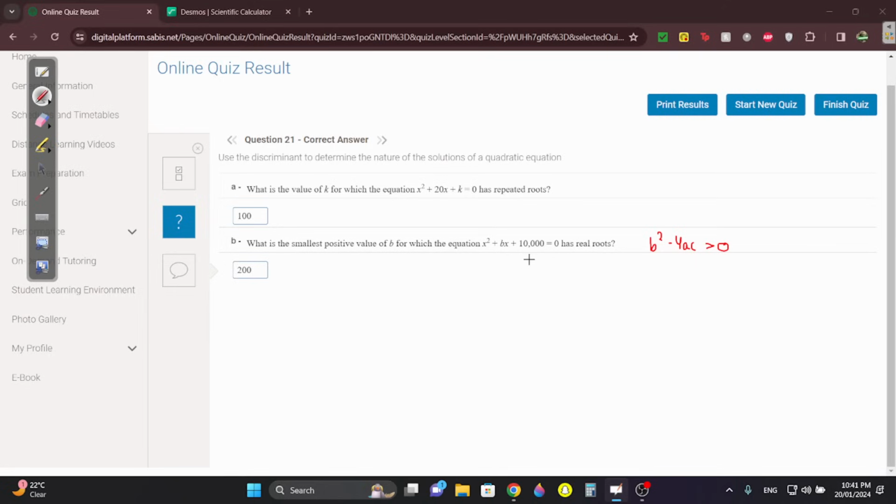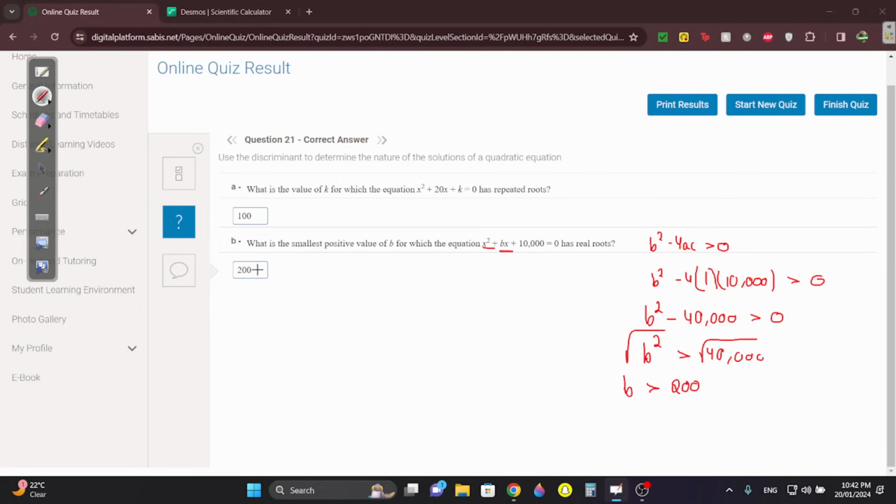Substitute: b squared, which we don't know, so keep it as b squared, minus 4 times a, which is 1, times c, which is 10,000, is greater than 0. So b squared minus 40,000 is greater than 0. Take 40,000 to the other side, you get b squared is greater than 40,000. You square root both sides, you get b is greater than 200.